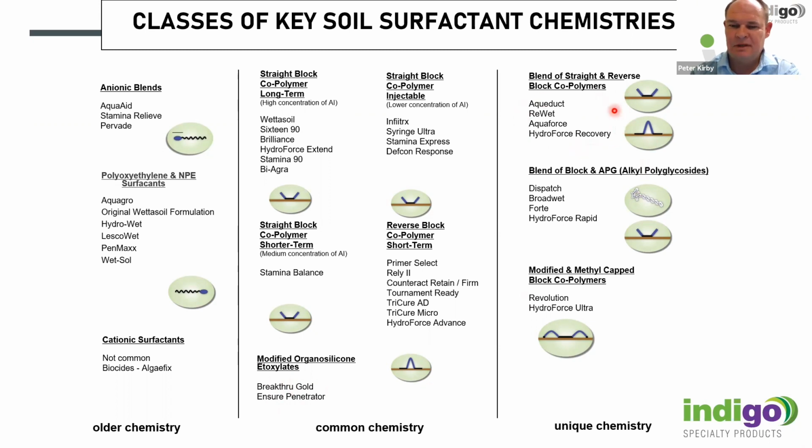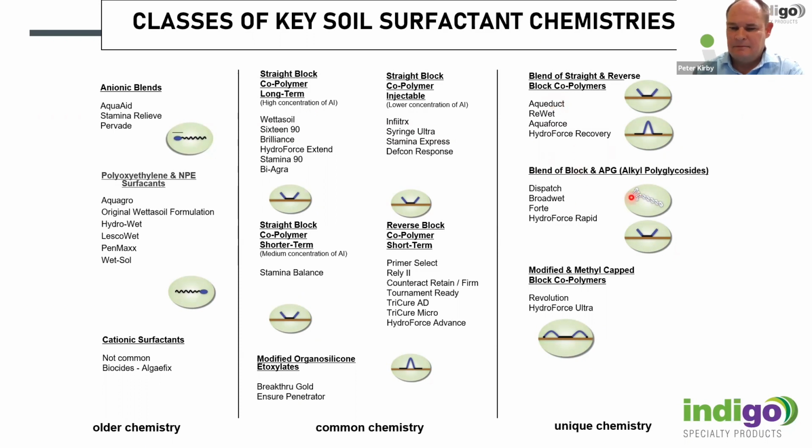Then we have combinations of block and reverse block, so basically putting them both in the formulation to give you good control of those hydrophobic situations or curative activity, as well as extended residual activity or extended moisture holding capacity.